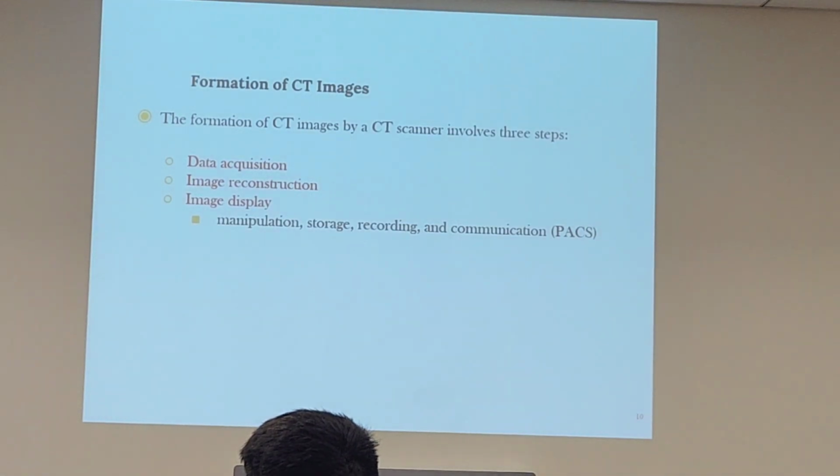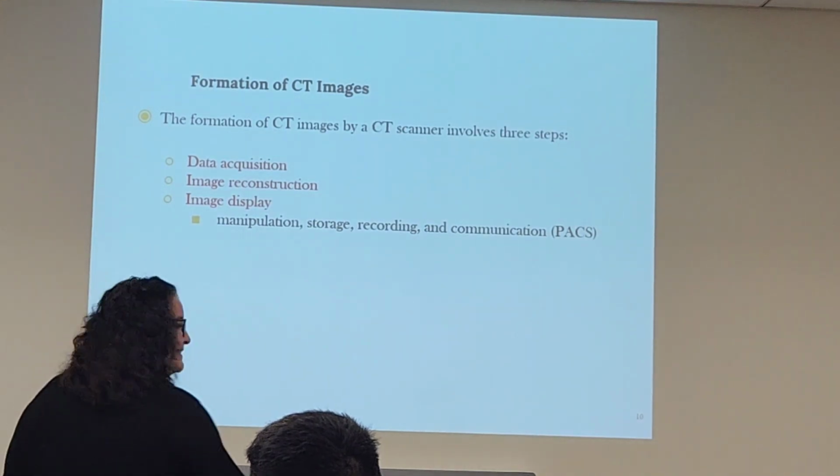And then it goes to the second step, image reconstruction, where we have conversion from the electrical signals to digital ones, because you have to have that information in order to modify the pixels, modify the image. The computer does that, and then you have the last step, the image display.